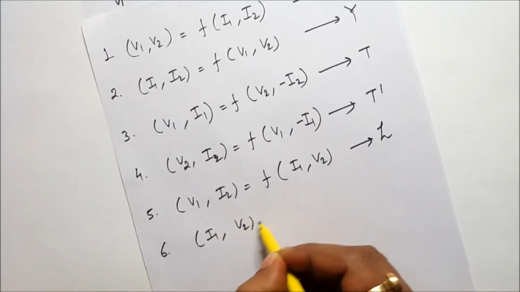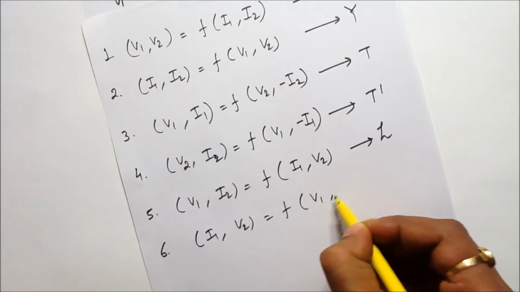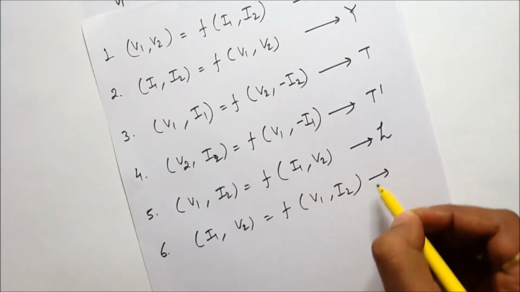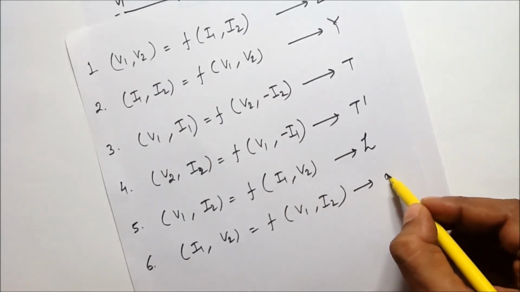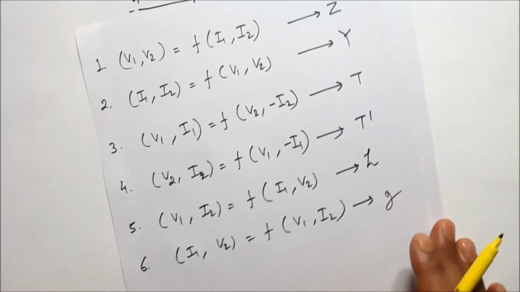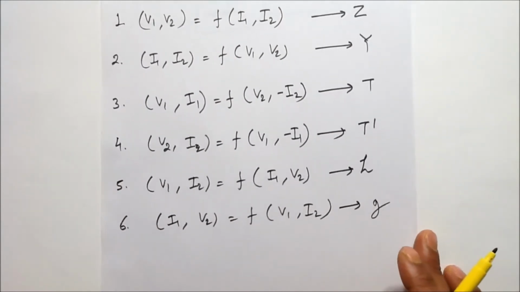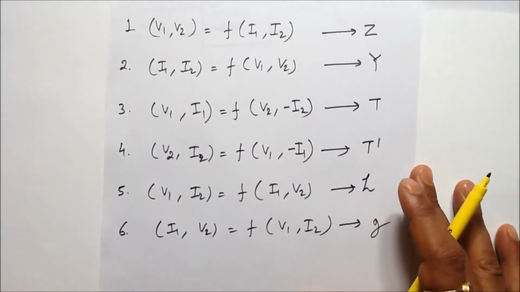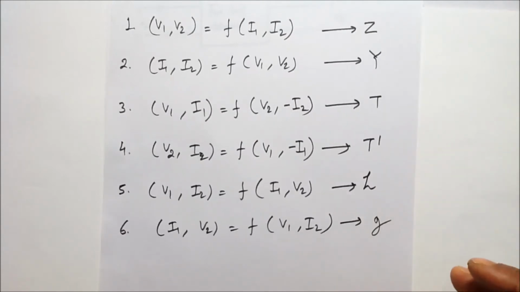I1, V2 is the function of V1, I2. This is related with the G parameters. So you have to remember these 6 equations and you can solve 90% of the two-port networks problems.